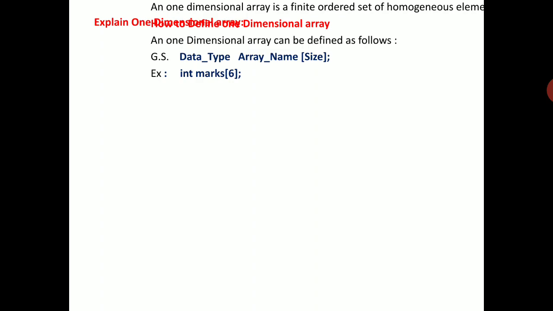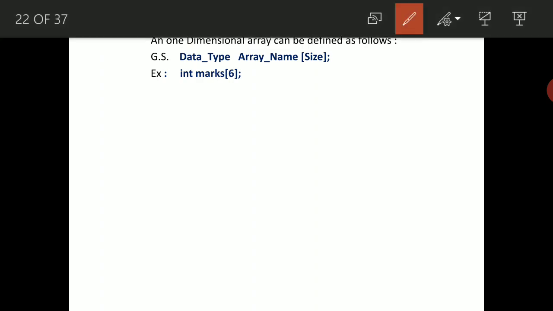The general syntax is data type, then array name, then array size. Defining an array is very similar to defining a variable. You can see here in the example, int marks. The data type is integer. The array name is marks.